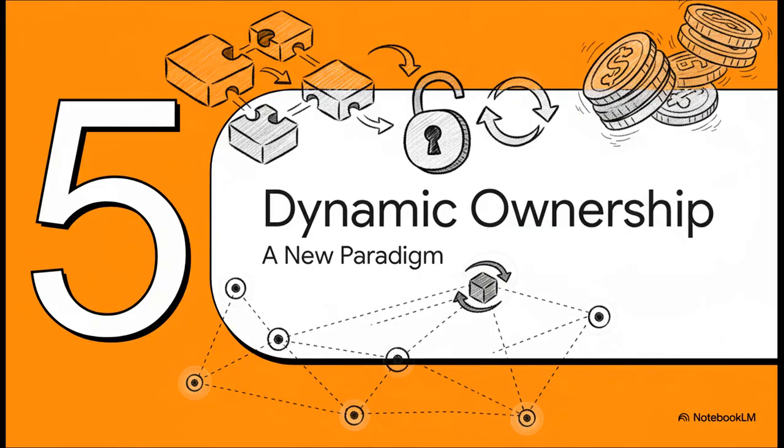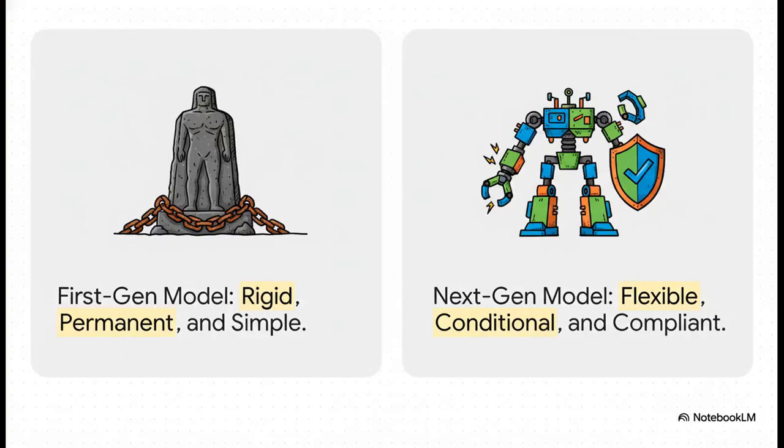So, as we start to bring this all together, it's pretty clear we have to step back and rethink what it even means to own something in this new, much more flexible digital world. Let's just put the two models side by side one last time. The first-gen model was simple and permanent, sure, but it was also super rigid.